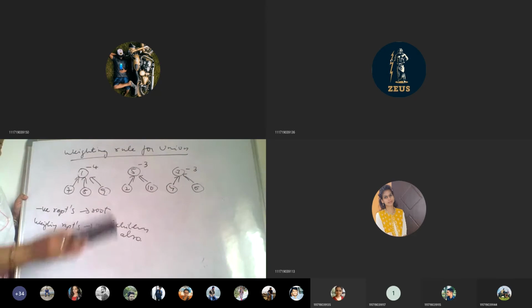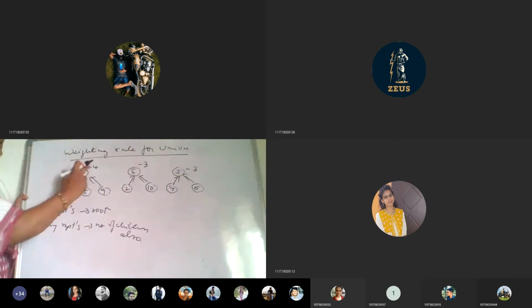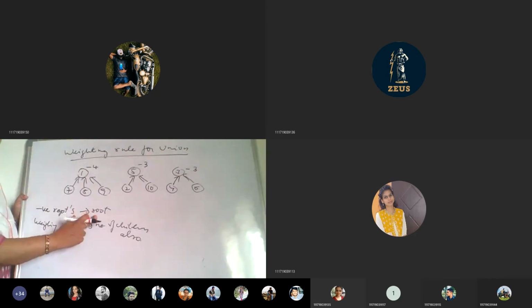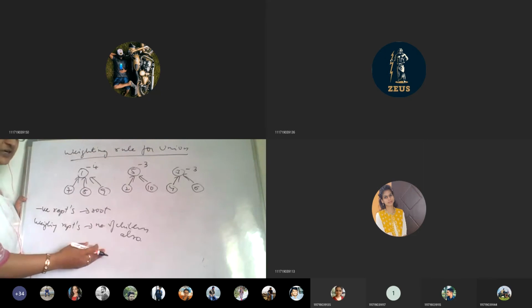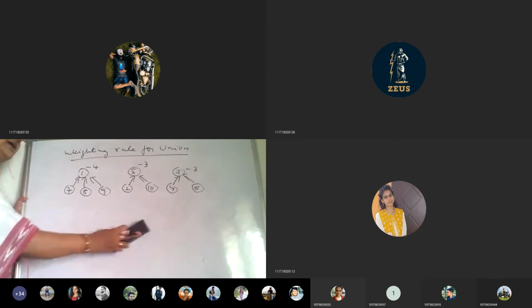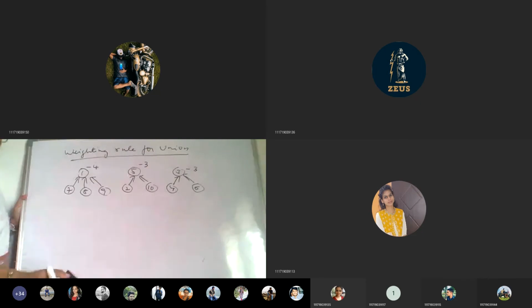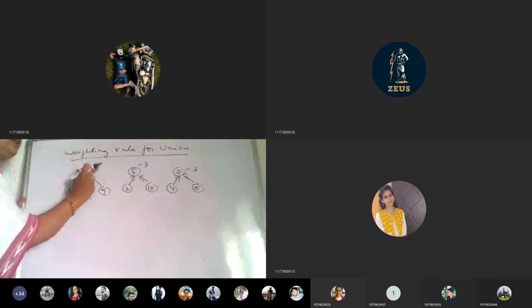Okay, so these are the weights. Again I repeat, negative represents the root, whereas the weight along with the negative represents the number of children, and the root will also be included. So that is what we call the weighing rule. Weight we are giving with respect to the root.